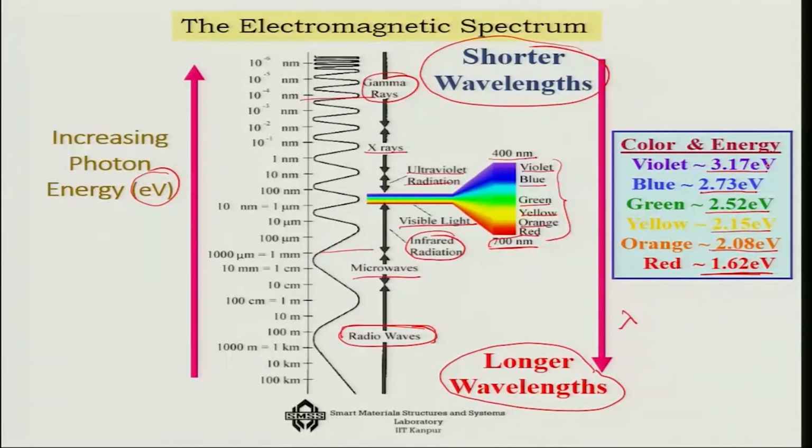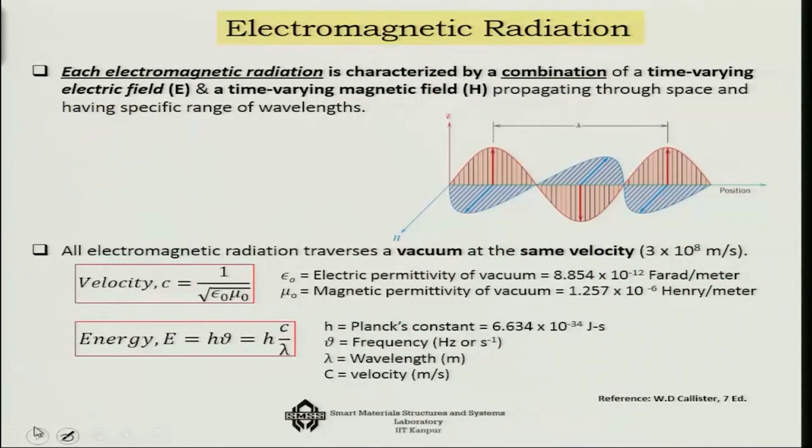Another interesting thing you might have noted is that this energy is distinct, there is no doubt in it, but it is not very evenly spaced. That is very interesting thing that you can see here. However, the colors are very distinct. Now, we are talking about the electromagnetic radiation.